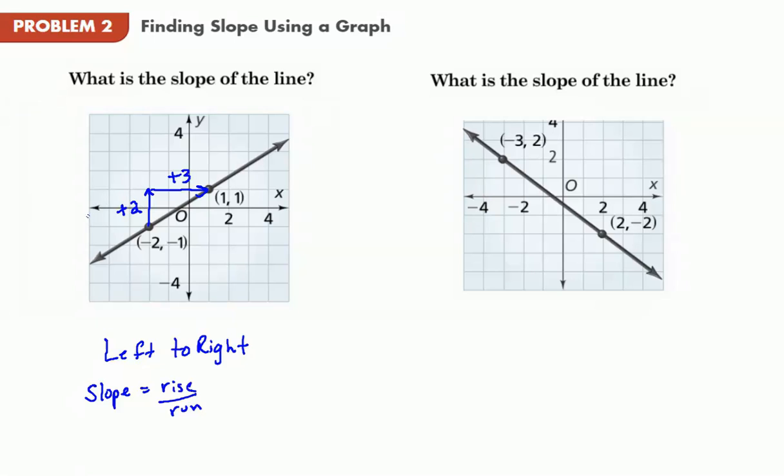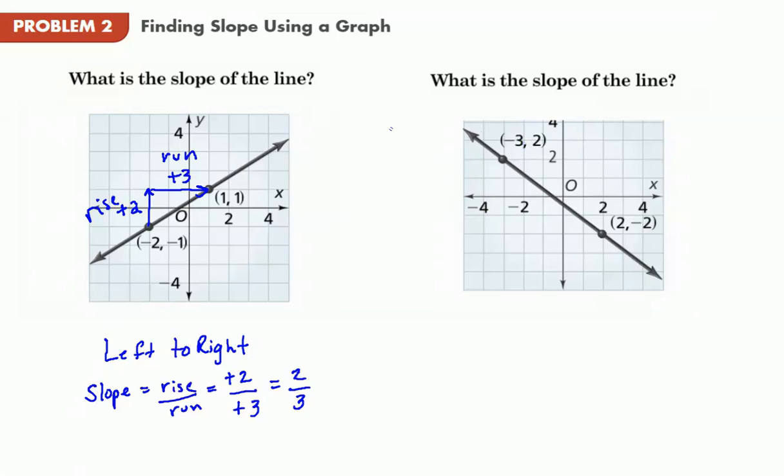Our rise is going up 2, a positive 2. And our run is always going to be positive because you're always going from left to right. So the denominator will always be a positive 3. Since they're both positive, we're just going to leave it as 2/3. So that's our slope. Now let's look at the second one.